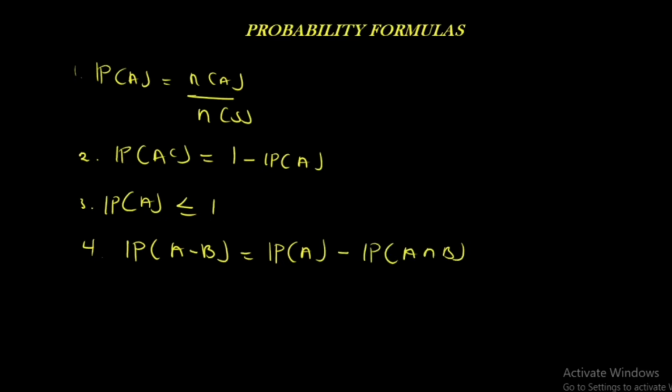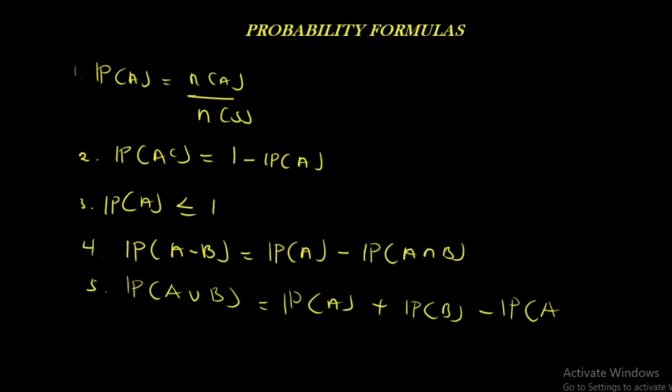Let's move on. For the fifth formula, we're going to establish that when finding the probability of A occurring or B occurring, we're going to have the probability of A occurring plus the probability of B occurring minus the probability of A and B occurring.